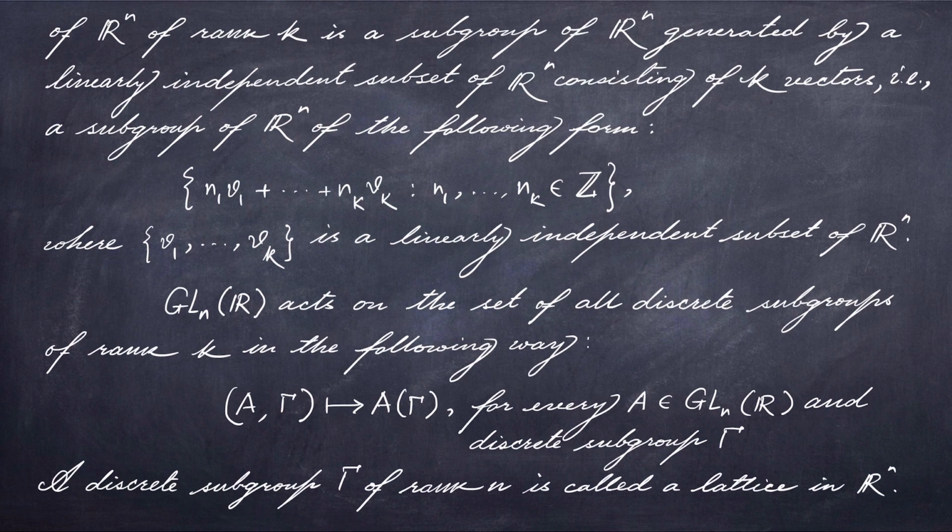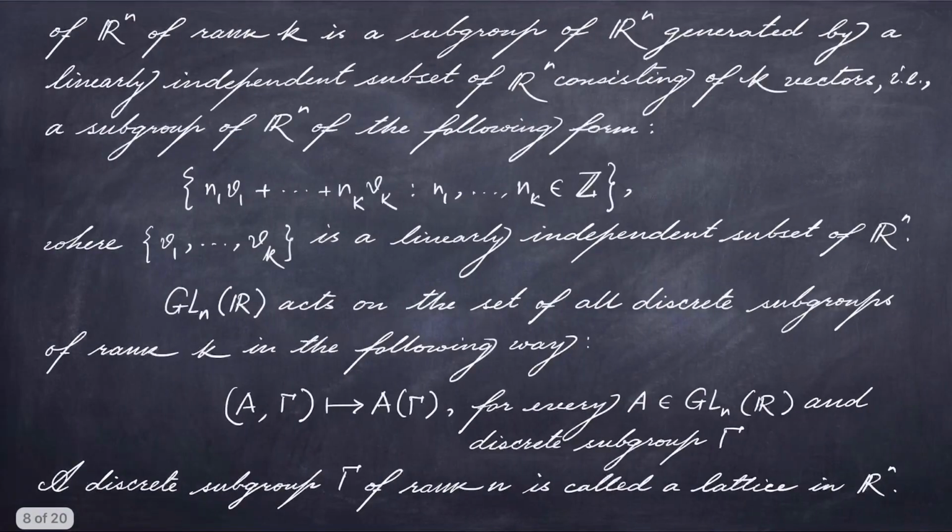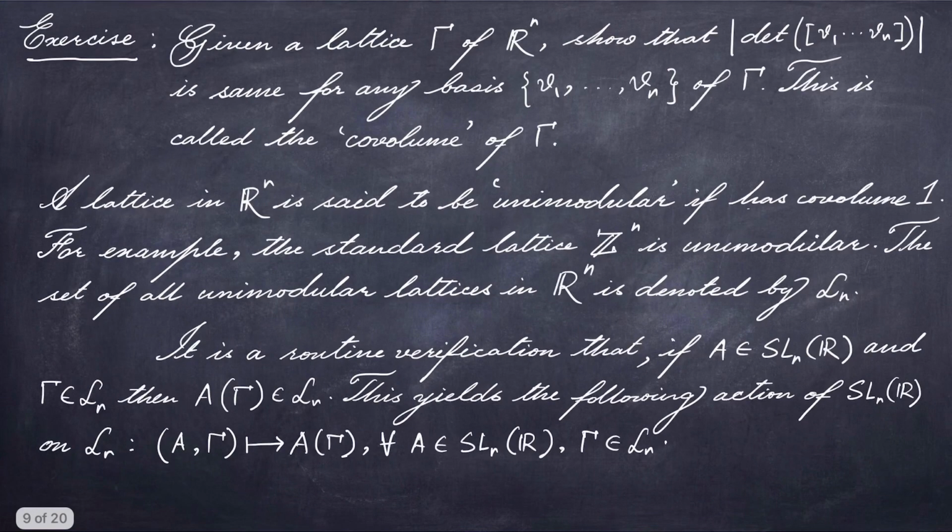Now a discrete subgroup of full rank is called a lattice in Rn. Okay, so that means a lattice in Rn is a subgroup of this form, where we start with a basis of Rn and then take its Z-span. Now before I go ahead, I need to leave this to you to settle.